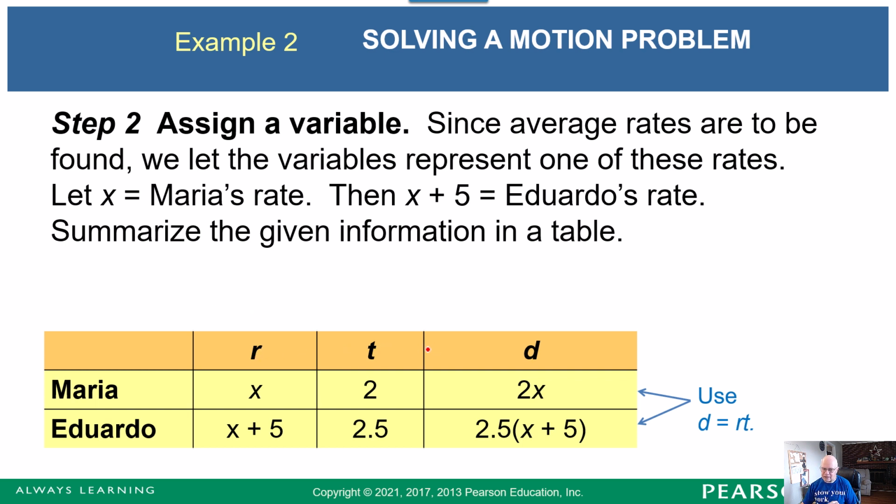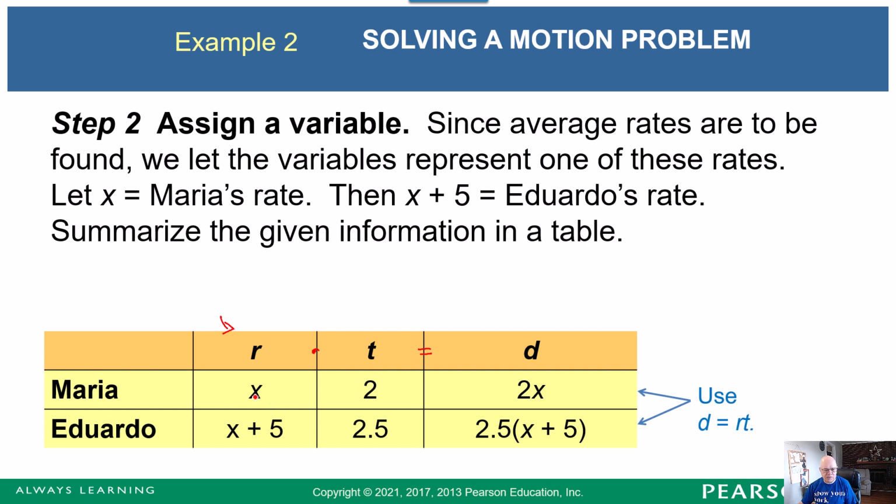Not only that, but if you pay attention, it's rate times time equals distance. So you've actually got your formula up here, and you're going to follow that down here with the individual pieces that you get from the problem.